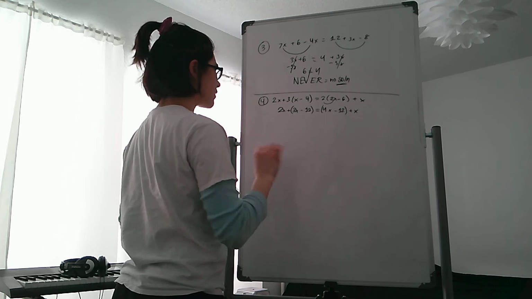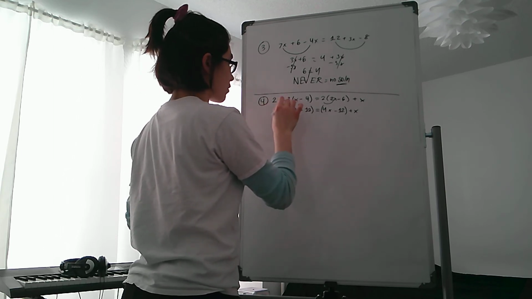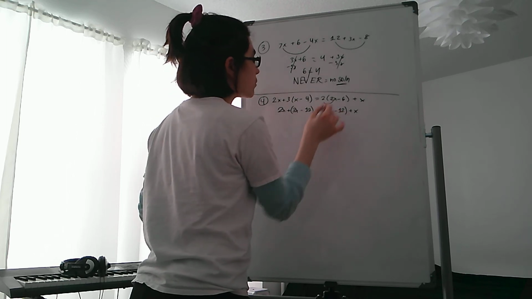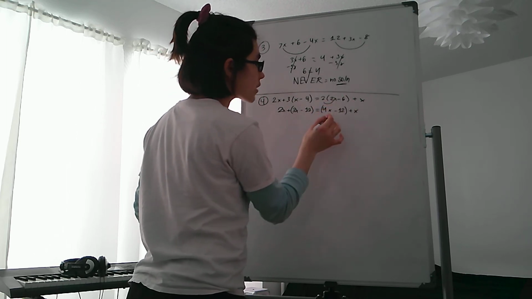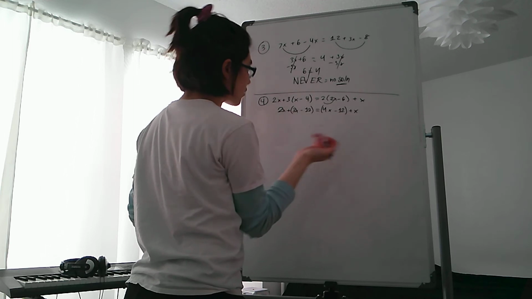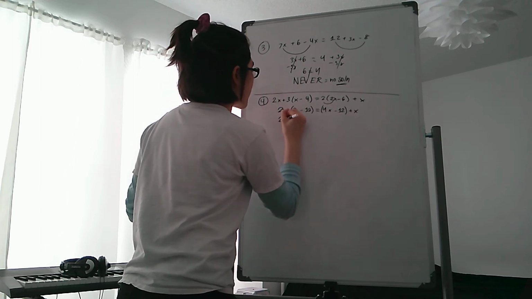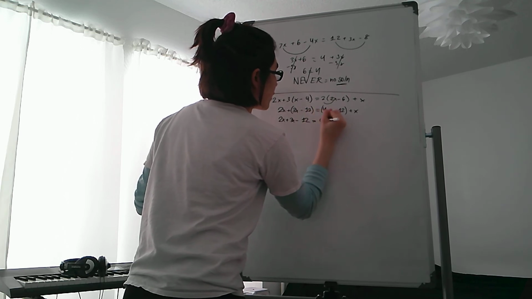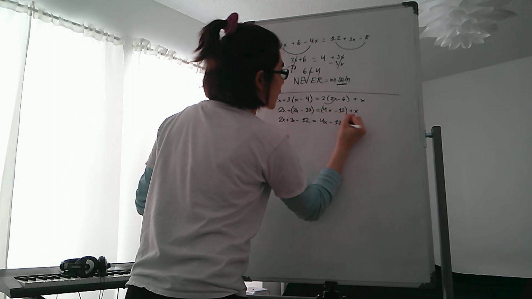All right, let's double check. 2x, 3 times x is 3x, 3 times negative 4 is negative 12. 2 times 2x is 4x, 2 times negative 6 is negative 12 plus x. All right, now we're ready. So I'm going to take out those parentheses so we can just start on with the actual solving.